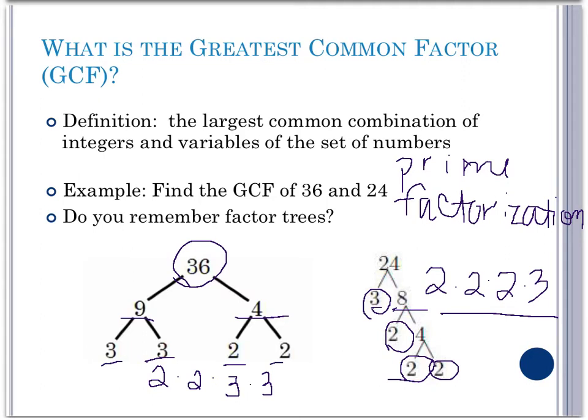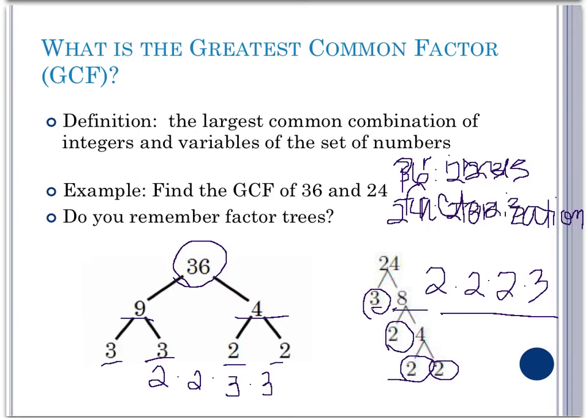Okay, so now we want to find the greatest common factor. So I'm going to say that 36 in its prime factorization is 2 times 2 times 3 times 3. Likewise, I'm going to say that 24 is 2 times 2 times 2 times 3.